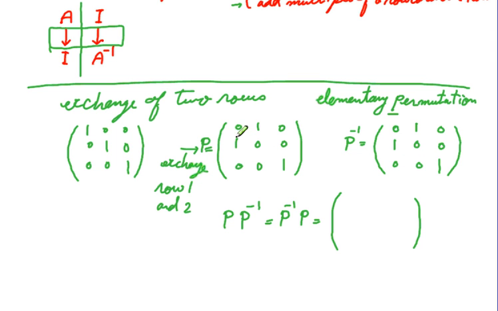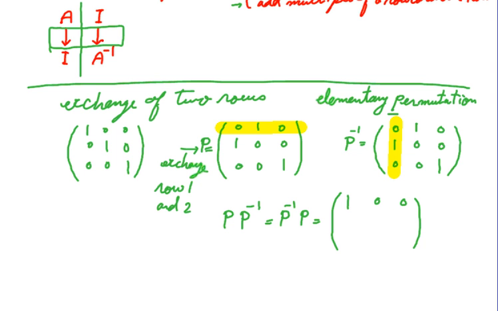Let's start with P times P inverse. I have to multiply this row with that column. What am I going to get? Is that right? Because that one shows up in the same location here. What if I multiply it by any other of these columns? This 1 hits a 0 here, hits a 0 here, so I'm going to get 0 in both cases.